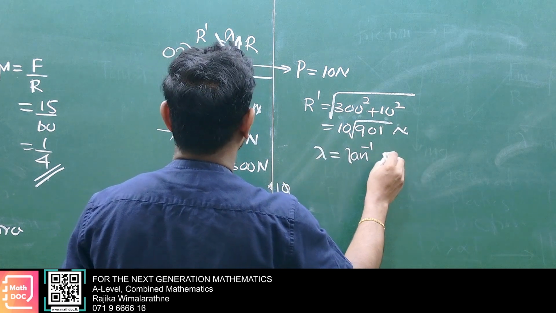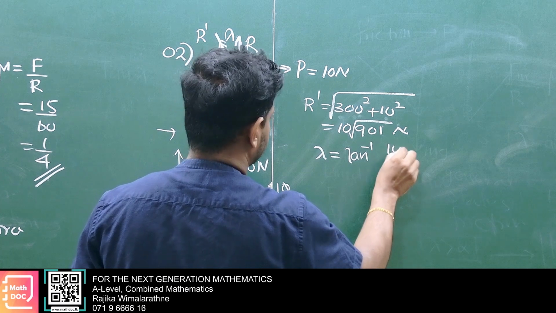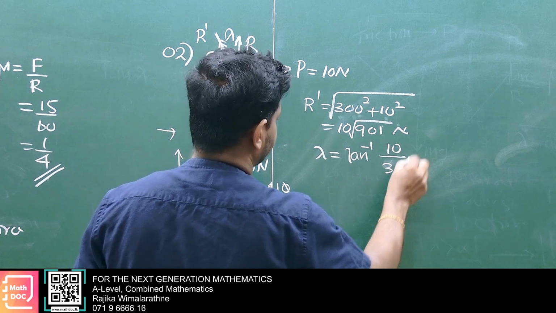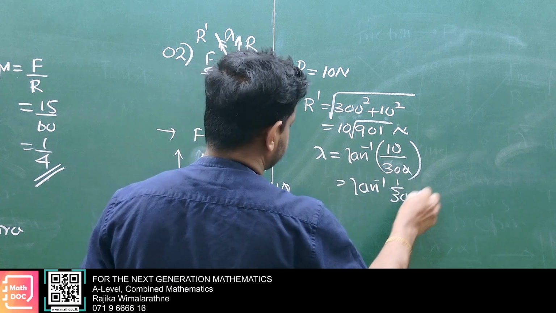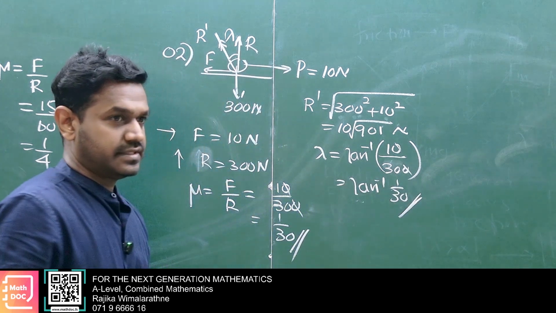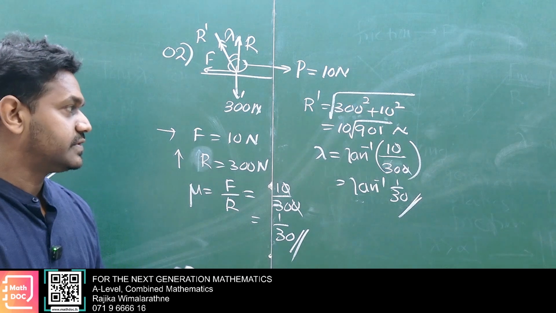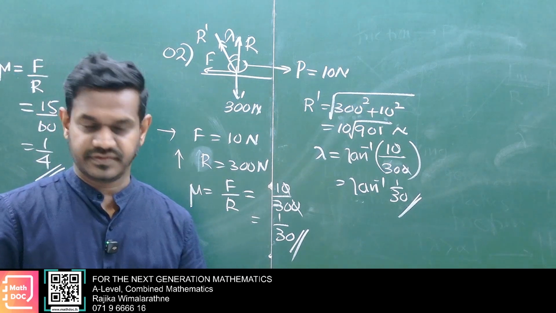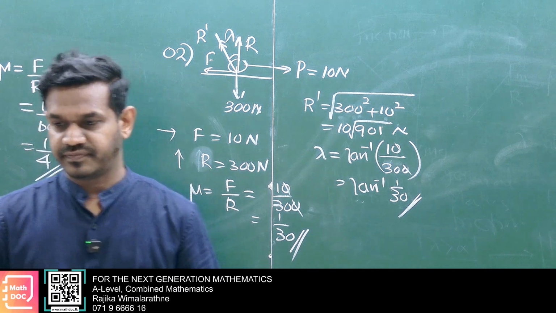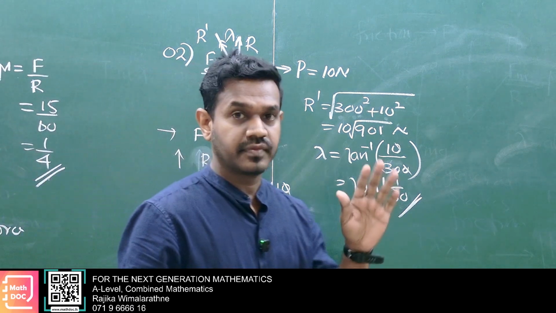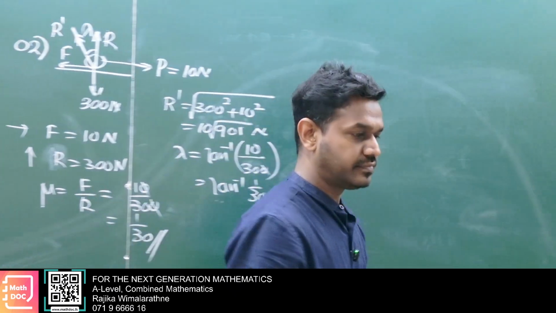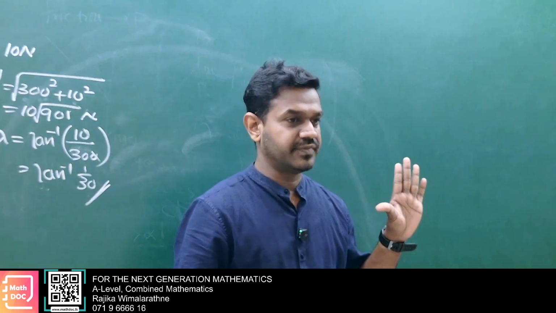Lambda equals tan inverse of F divided by R, 10 over 300, tan inverse 1 over 30. That is the direction of the total reaction, denoted by the angle of friction. Continue one by one.